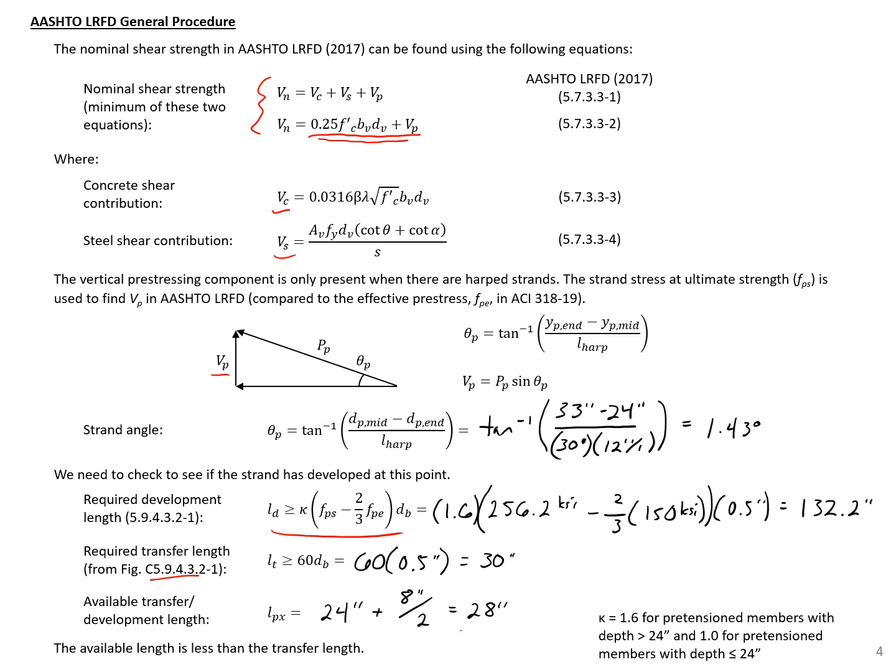So we can see our available development length is less than our transfer length and less than our required development length. So we're going to have a stress in our strands less than this 150. So we'll need to calculate that on the next slide.